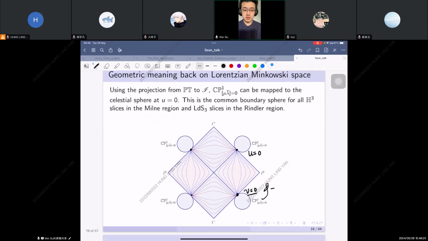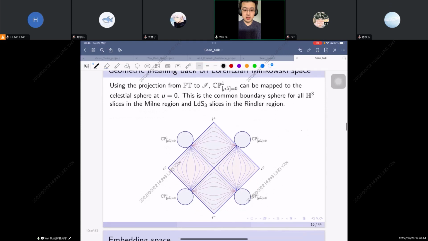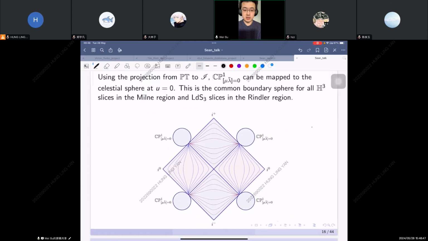So with the projection, you can see there's always a sphere at u = 0, which is at μλ̄ = 0. Simultaneously, μ̄λ is also 0. So this celestial sphere at u = 0 exactly corresponds to this particular sphere on twistor space. If I also rewrite the Minkowski space metric, in the time-like region you can do these Euclidean AdS3 slices.